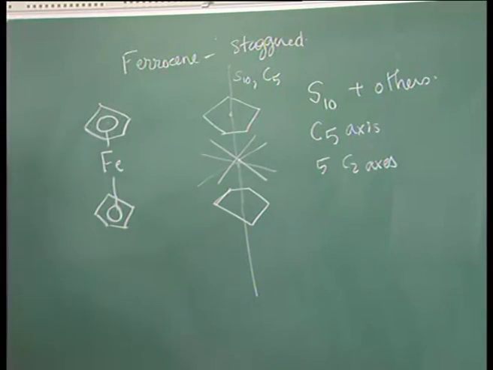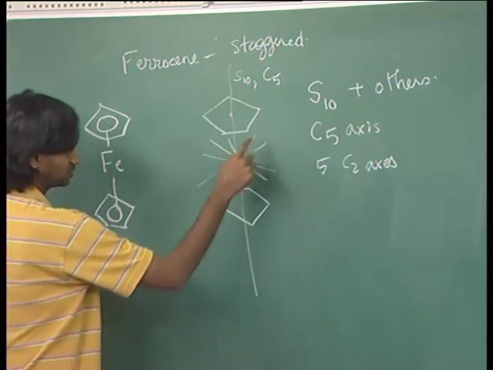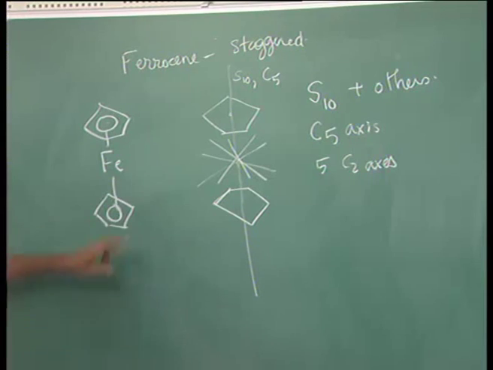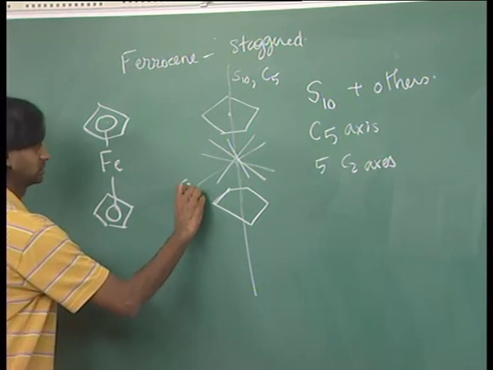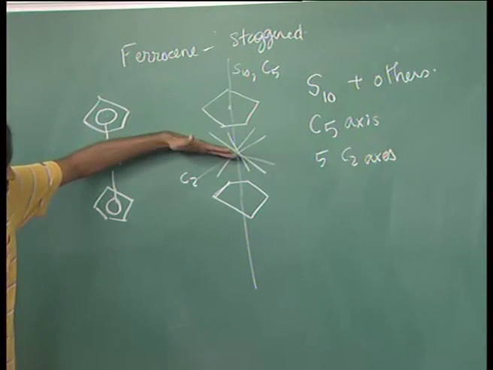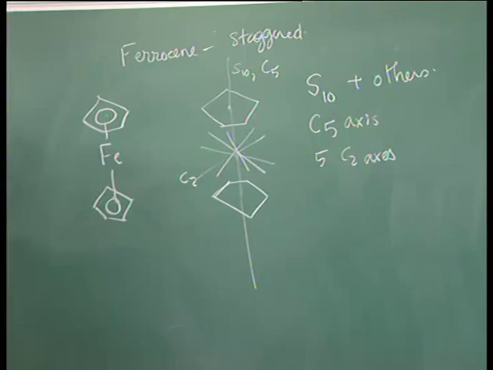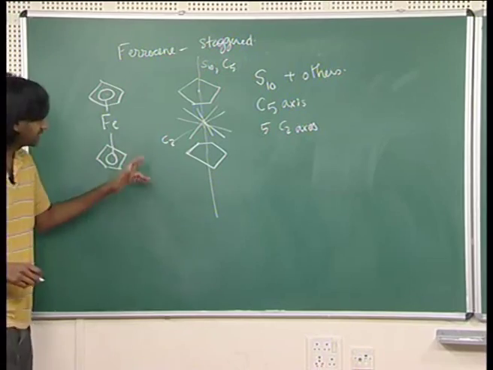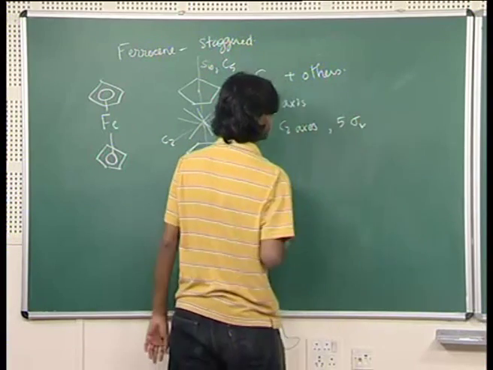If you have one C2 axis, there have to be 4 other C2 axes, and then you can easily show that there are 5 C2 axes in this plane. These are perpendicular to the main axis, and they will be in various directions. And there are 5 sigma v.